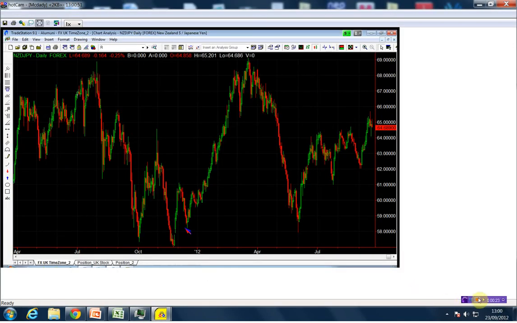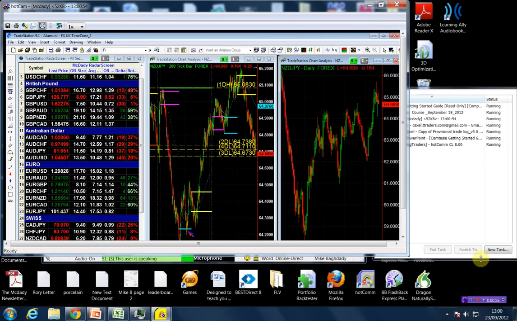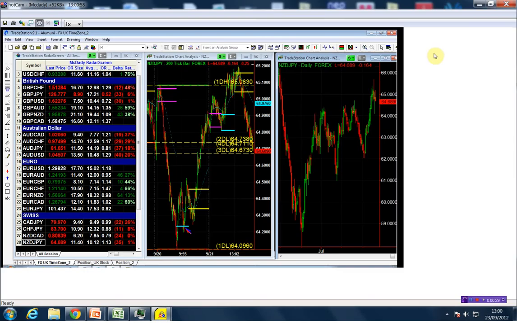The whole idea of everything we do is that we are trying to buy the instruments that are particularly strong, and match them up with the weak currencies. This way we can create the pairs that we feel are going to be supportive to us in our trading next week.